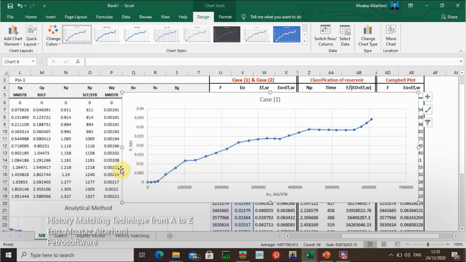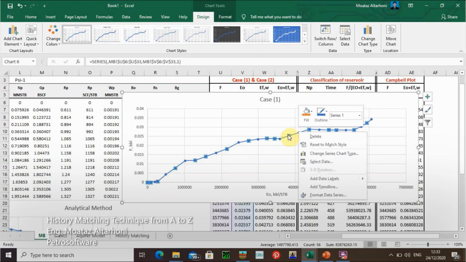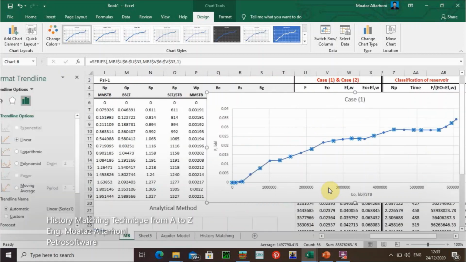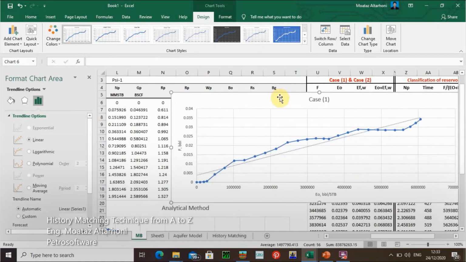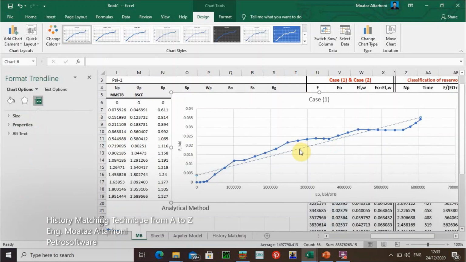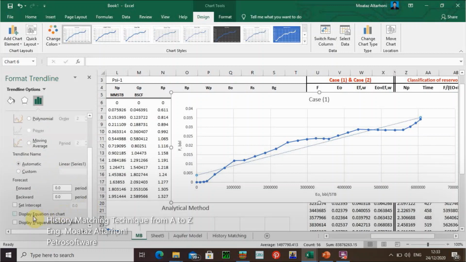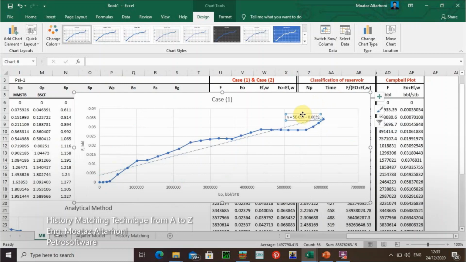We cannot find the straight line plot here. So our slope value will be not a very good value, and I need to add the trend. This equation is a straight line method, so I must here use this linear, yes, and I need to show the equation, yes.